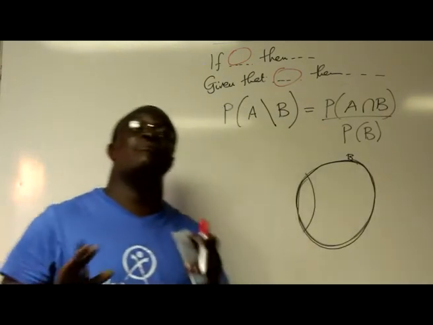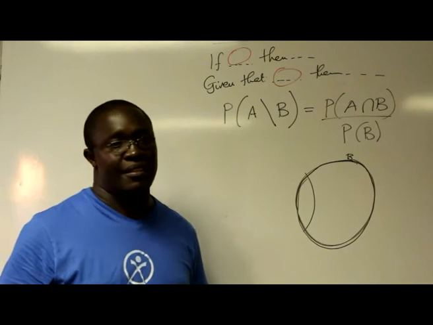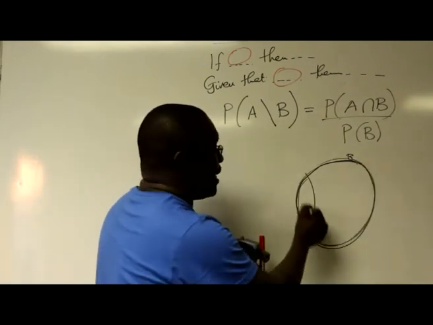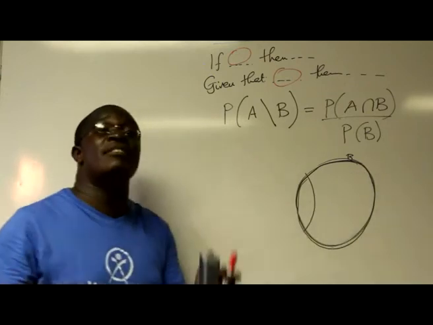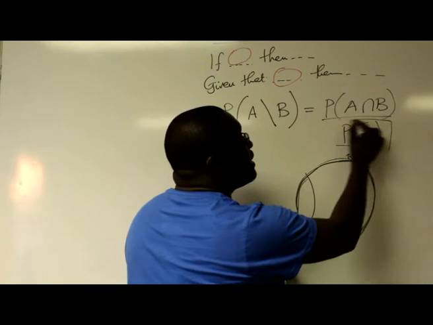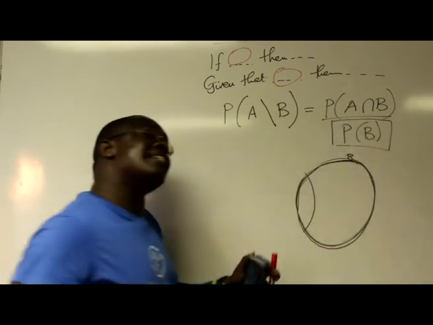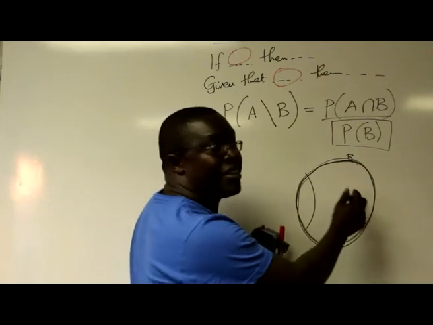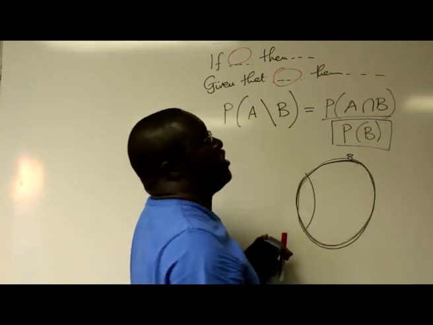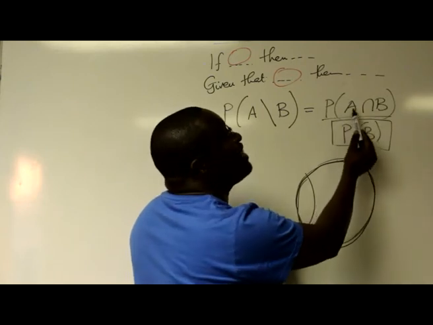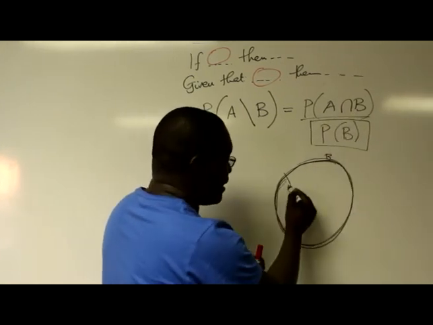Anything that is outside B is not being considered. So your sample space is B. That means all the possible outcomes are B. That is why B is the denominator, because it's all the possible outcomes. And then your number of successes, your number of occurrences for success, is the intersection of A and B, which is this part.